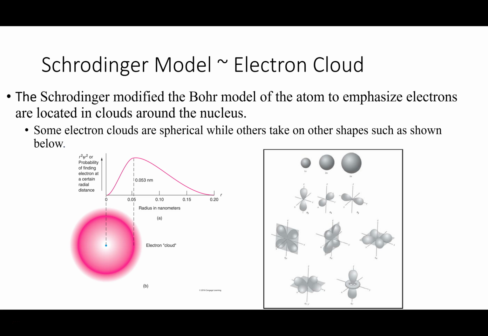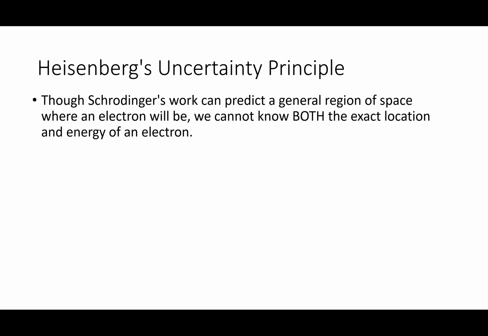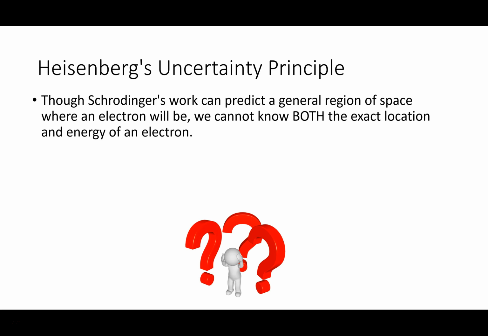The nucleus would be right there, nucleus right there, nucleus right here. In the spherical, we have the nucleus in the middle. And then we have these other shapes where the nucleus is there, and those dumbbell shapes are where electrons hang out.